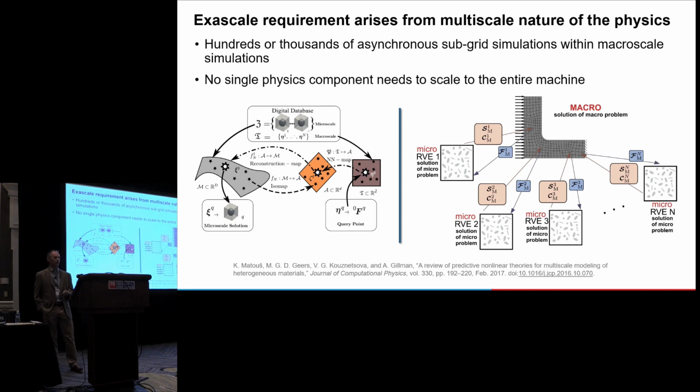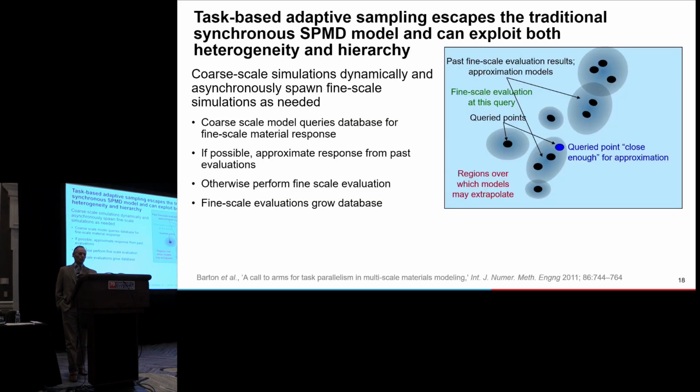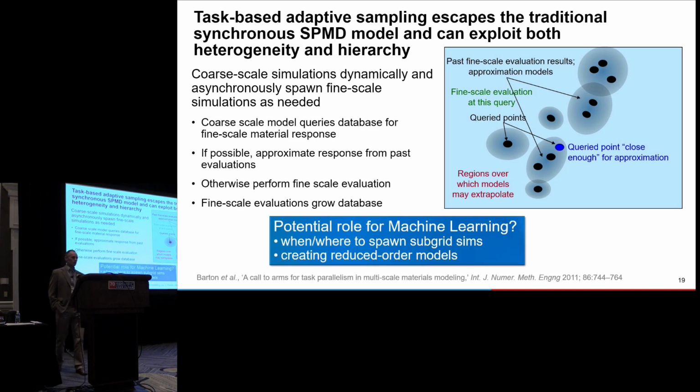It's a little different than some of the other applications in the portfolio, in that a phase field or a cellular automata model or the plasticity code may only run on one node or a part of a node, but there may be hundreds or thousands of them in a coordinated fashion. So we're thinking this might be a role for machine learning.